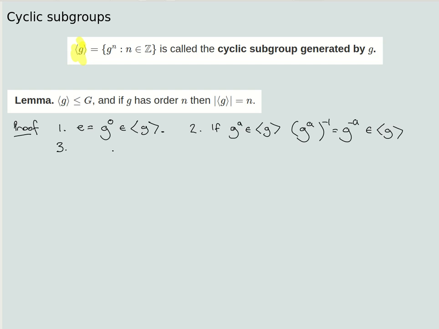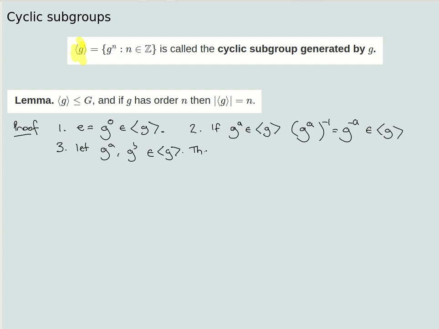Okay, finally, part 3 of the definition of subgroup was closure under products, under multiplication. So to check part 3, we have to pick 2 elements of the cyclic subgroup, multiply them together and show that they're still in that cyclic subgroup. But this is easy because we've got the exponent laws. So just take any two elements. They look like g to the a and g to the b for some integers a and b.